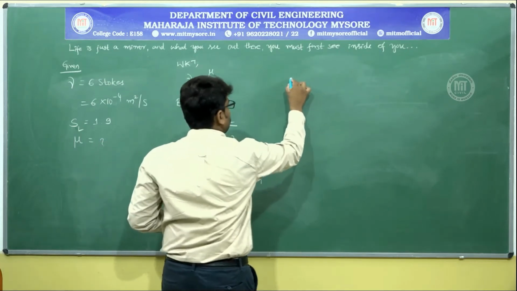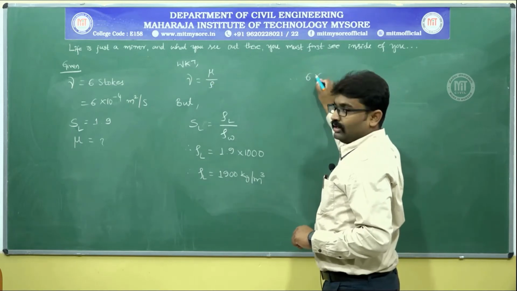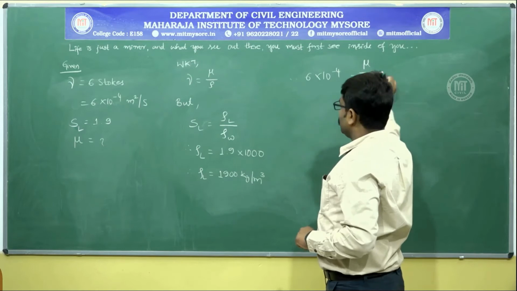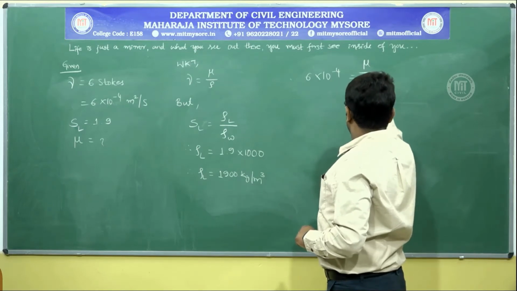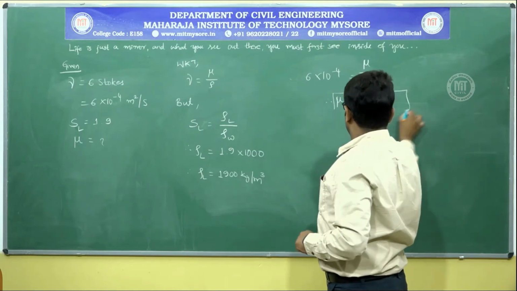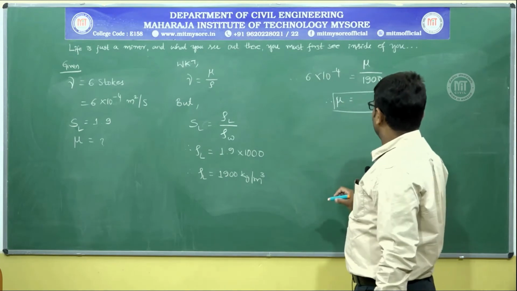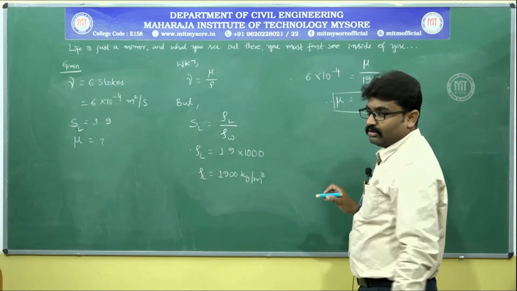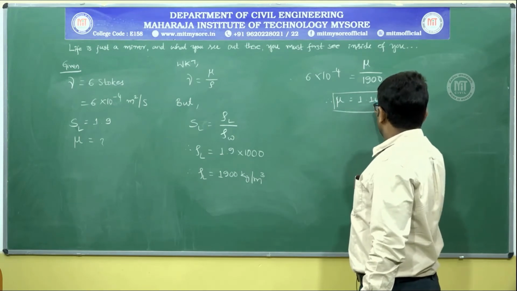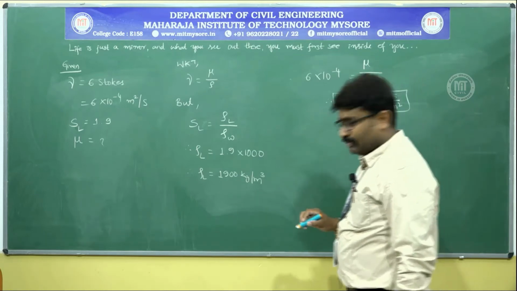Here nu is 6 into 10 power minus 4. This must be equal to mu divided by 1900. So, the value of mu is equal to 6 into 10 power minus 4 into 1900, which is 1.14 Newton second per meter square.